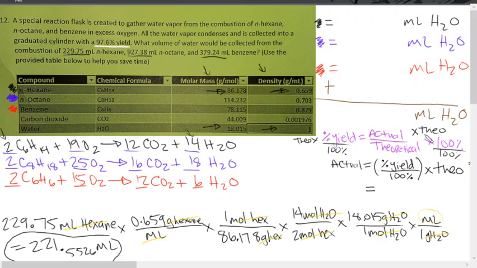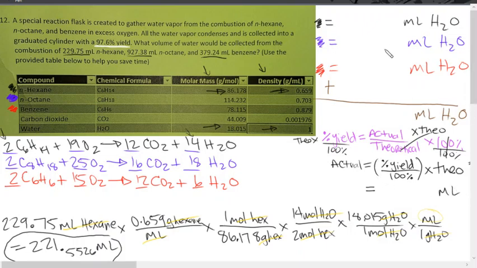So divide by 100 times by theoretical. That gets rid of those. That moves everything over here. So your actual yield is going to be your percent yield divided by 100%. That'll cancel the unit percent. And then you'll multiply the theoretical yield by that number, and that'll give you our actual yield in milliliters.